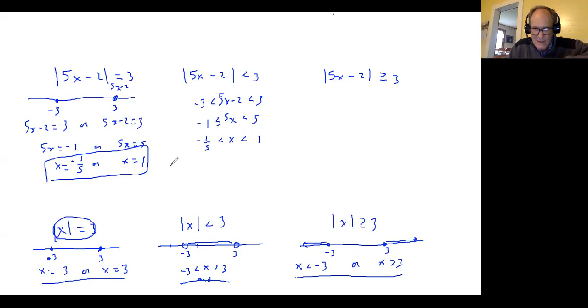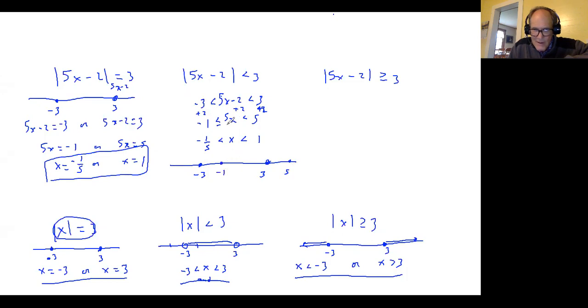Now you can look at it another way. I kind of like to look at it this way. There's my 3. There's my negative 3. When I added 2 to each part of this three-sided inequality, that simply shifts my dots over to positive 5 and negative 1.